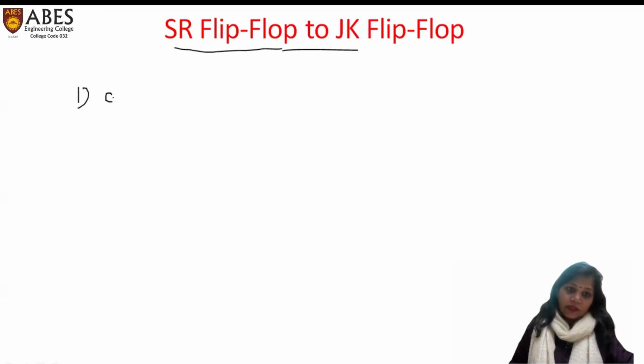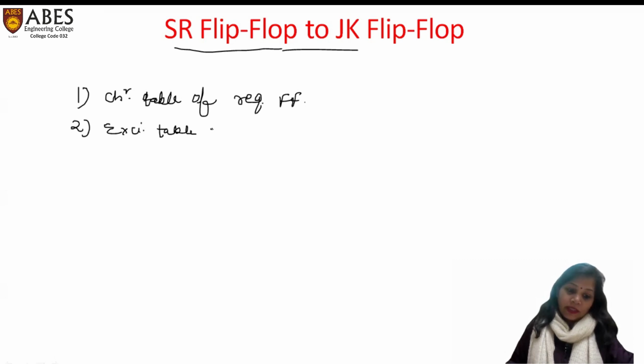First, write the characteristic table of the required flip-flop. Second step is to write the excitation table of the given flip-flop. Third, using the excitation table, we have to design a conversion table.